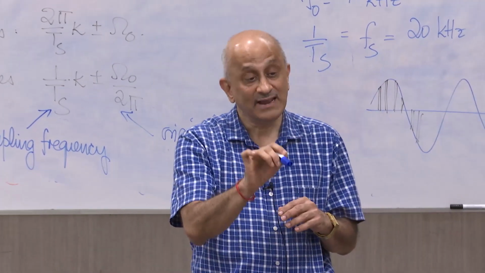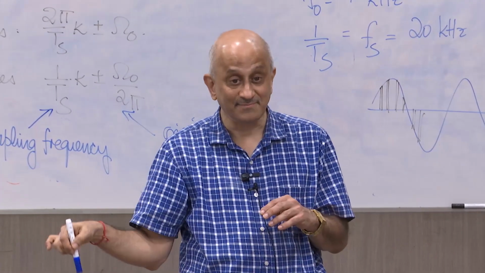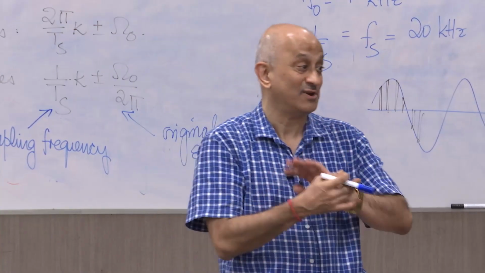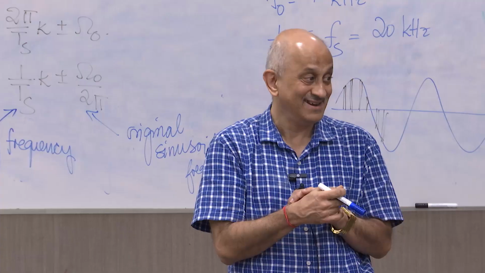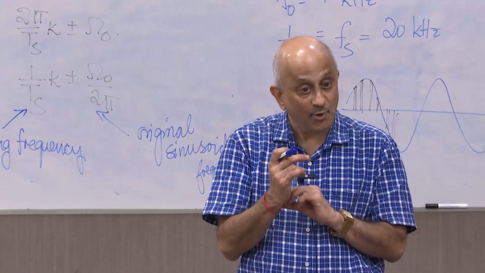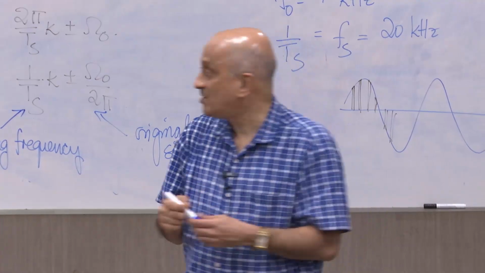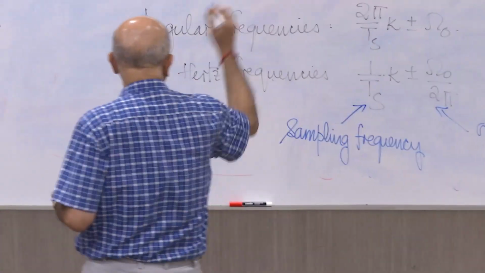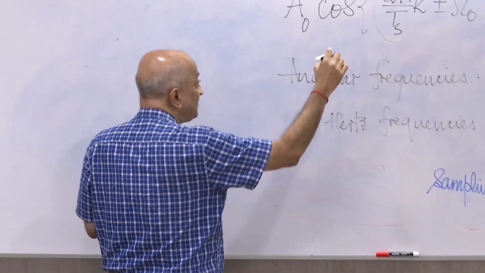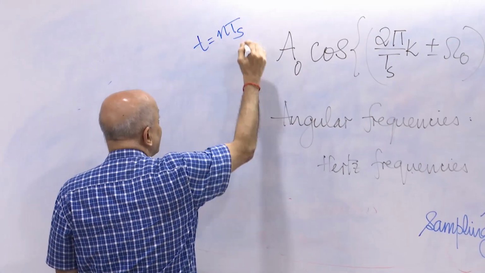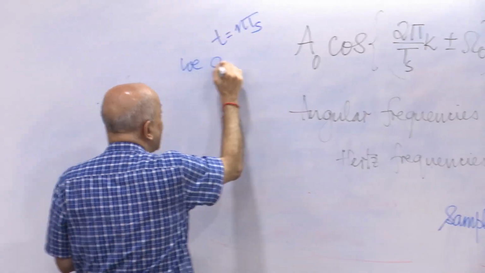That means, if I look at the points of sampling, can I at all distinguish between these sinusoids? That is the question. At the points of sampling, we saw that we cannot distinguish, because if I substitute t equal to nTs in all these frequencies, we get the same samples.